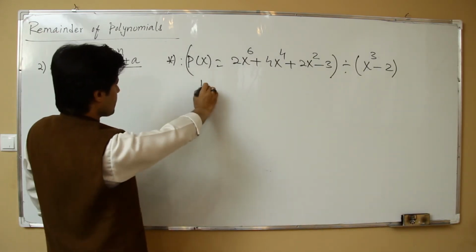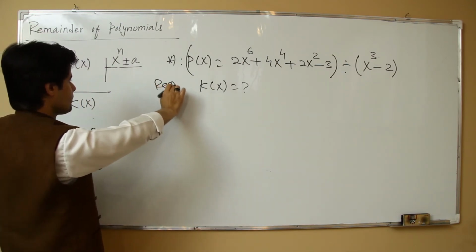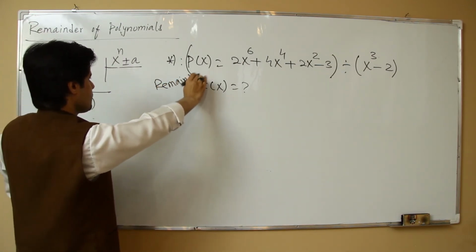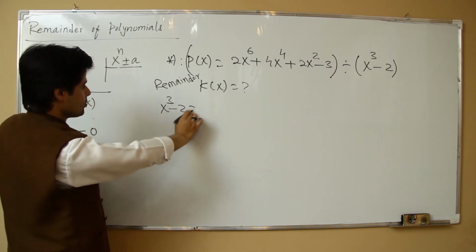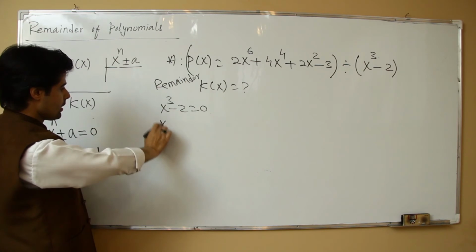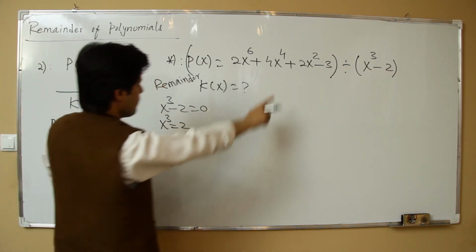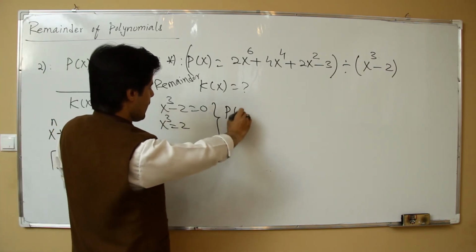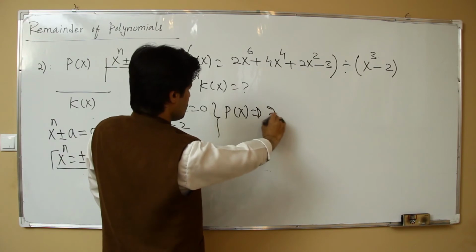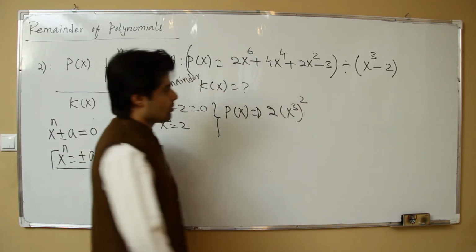Now find k(x), I mean the remainder. How can you solve? First, x to the power 3 minus 2 should be equal to 0, so x to the power 3 is 2. Now write this polynomial in which form? In terms of x to the power 3: x to the power 6 is x to the power 3 raised to the power 2.